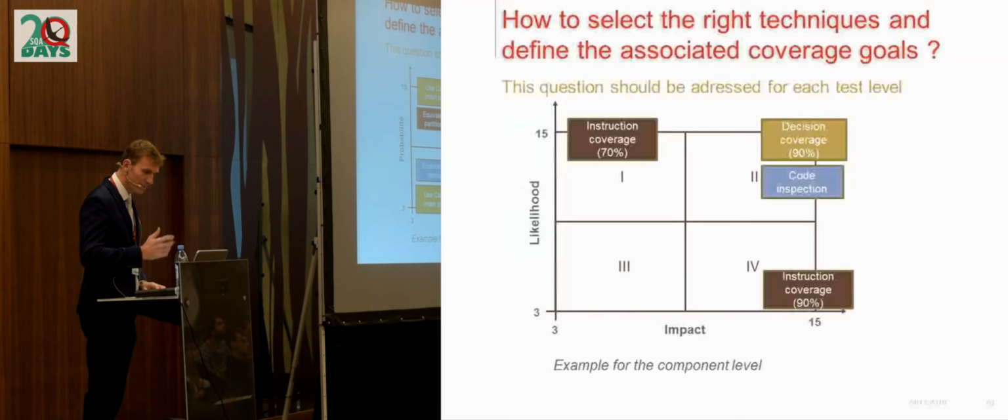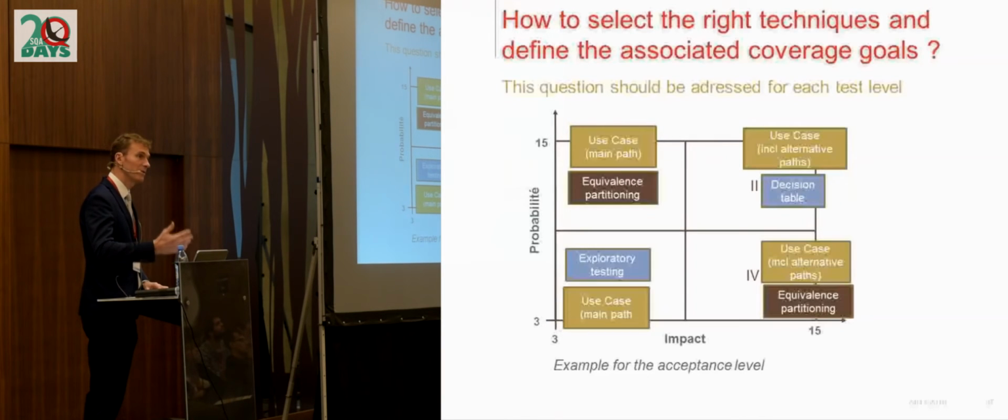And you can do the same at the acceptance level with black box or specification-based techniques. To cover these business risks, you will mainly use black box techniques, and for each technique, you may have specific coverage goals depending on the impact and likelihood of the risk.